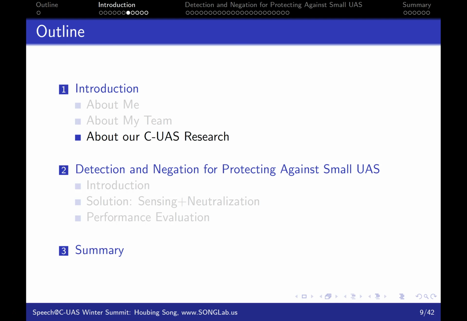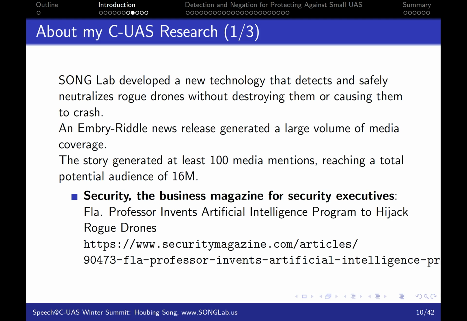About our Counter UAS research. My lab developed a new technology that detects and safely neutralizes rogue drones without destroying them or causing them to crash. In fact, we started this research in 2017.